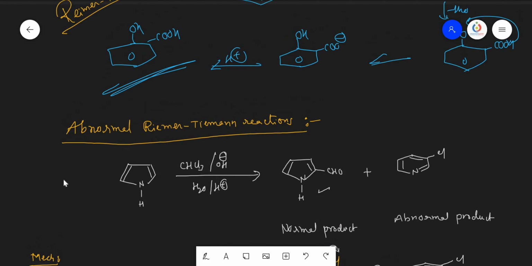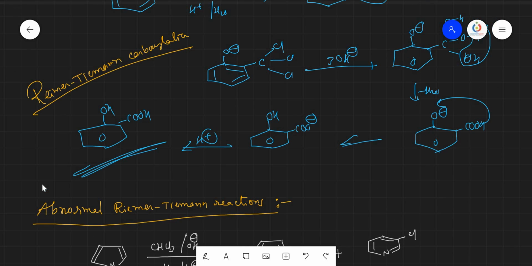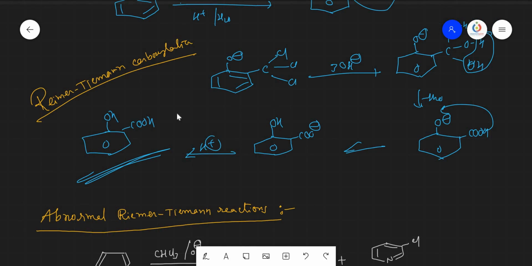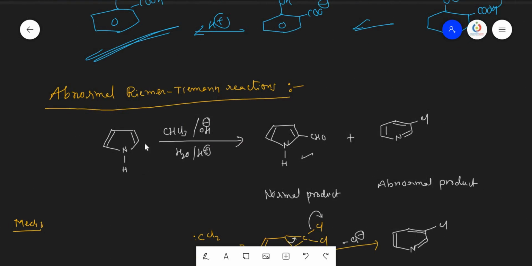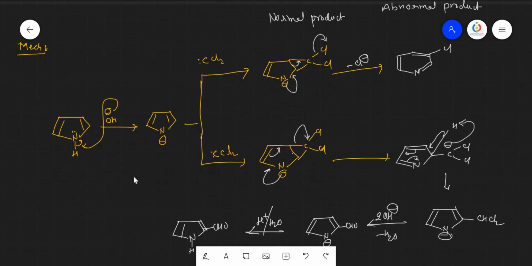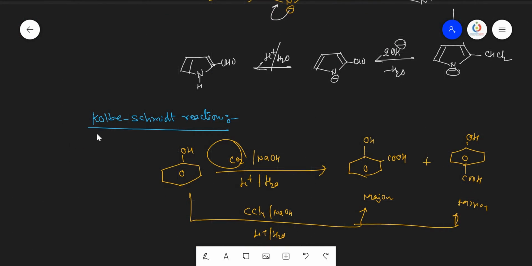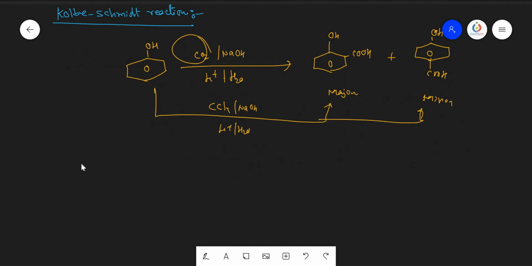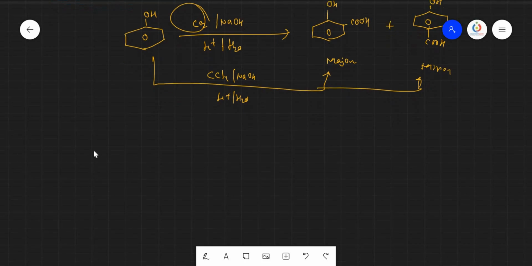See here, we have shown the Riemer-Tiemann carboxylation reaction. So you have to always compare: when you have the same reactant and same product, when reagents are different, try to read those reagents together. Then only you can easily understand.